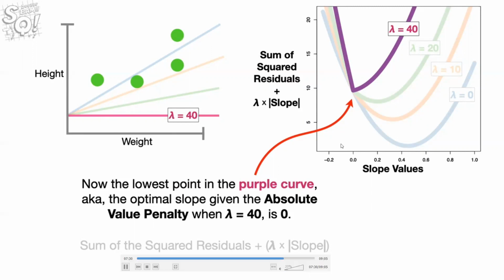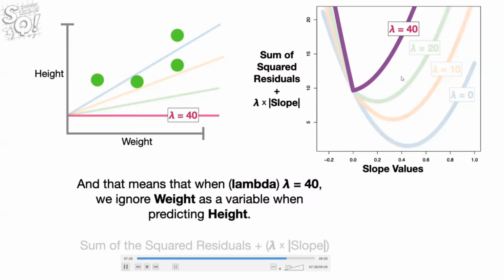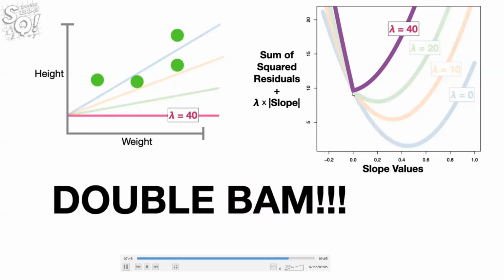The overall effect of using this absolute penalty is that for a particular value of lambda, you shrink your parameter very quickly to 0 compared with ridge regression.